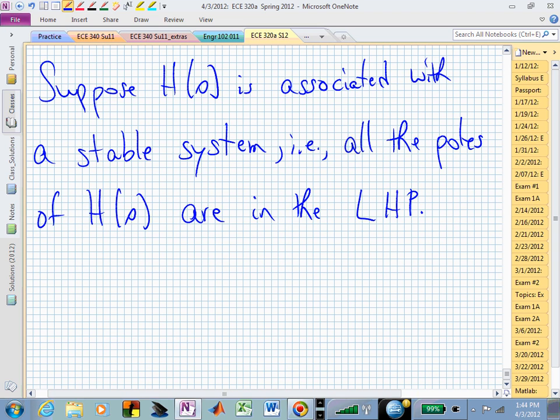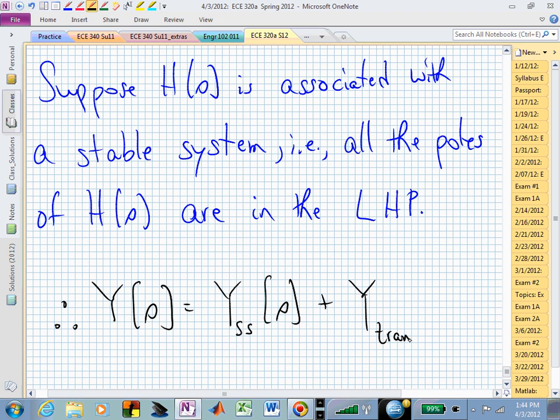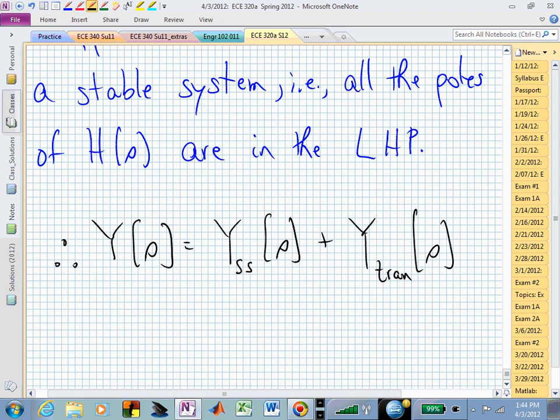And if they are in the left half plane, you can now think of this complete response, Y of s, as being made up of two pieces. One is the sinusoidal steady state piece, and the other is the transient piece, which is due to all of those poles of H of s that are in the left half plane.